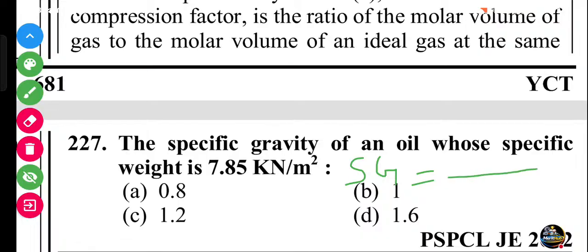Rho g is given as 7.85, so 7.85 into 10 to the 3.